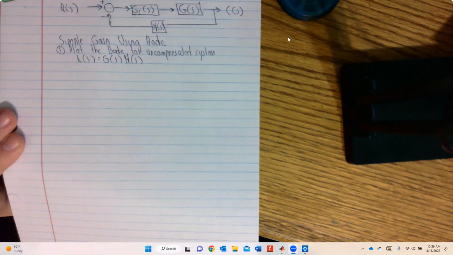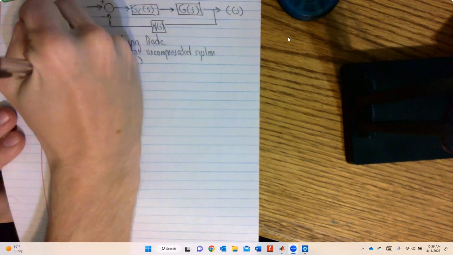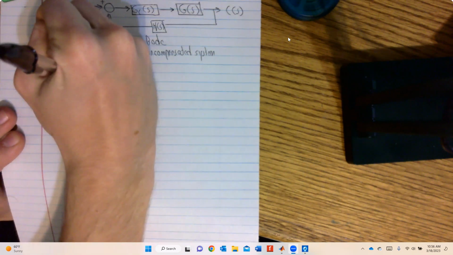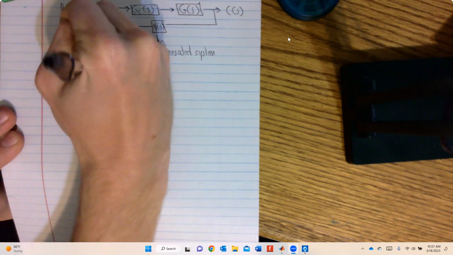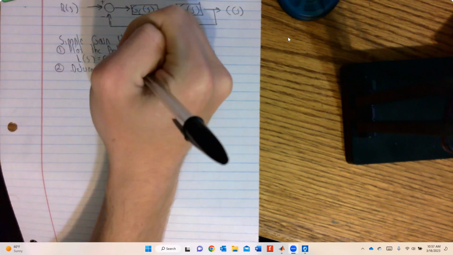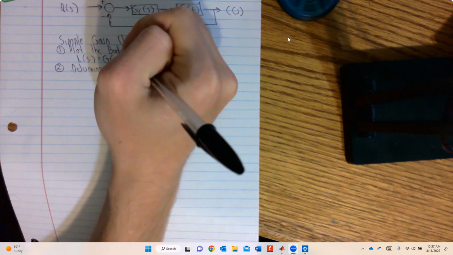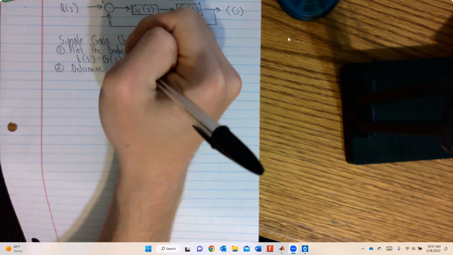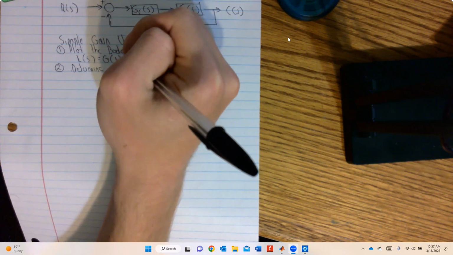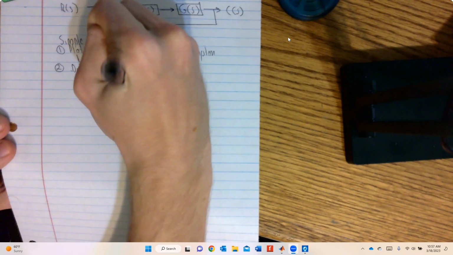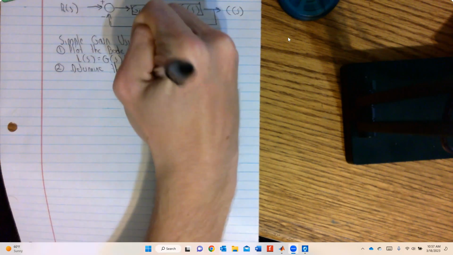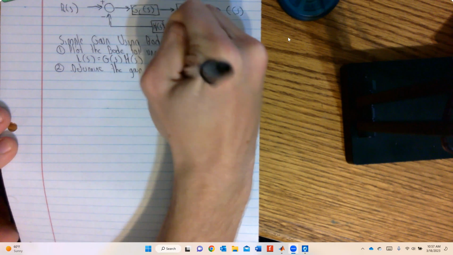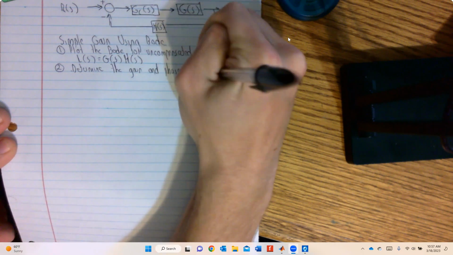Then number 2, we're going to determine the gain and phase margins from the Bode, and how much we want.